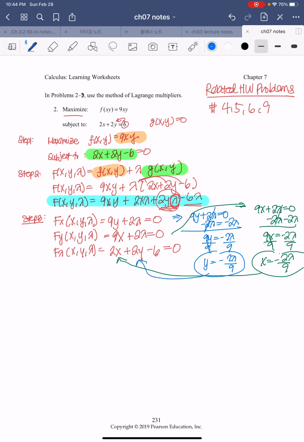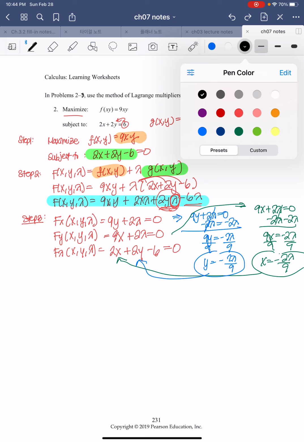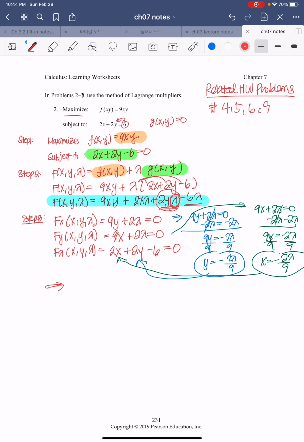And solve for lambda. So my equation now will look like 2 times x, which is negative, let me use red. So it's continuing step 3.